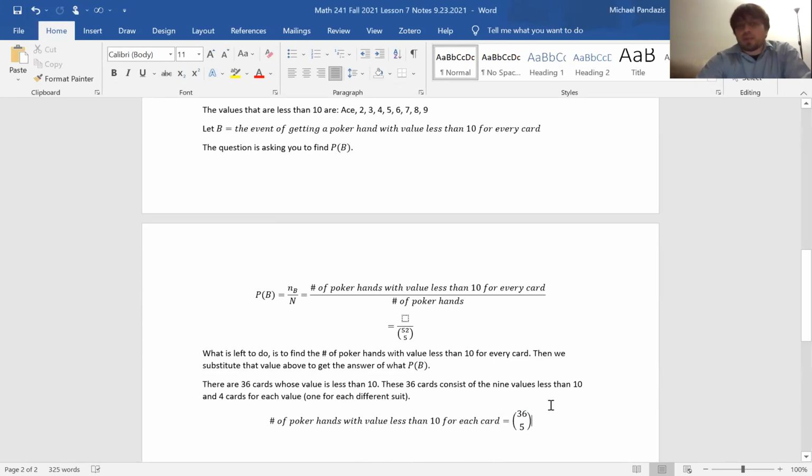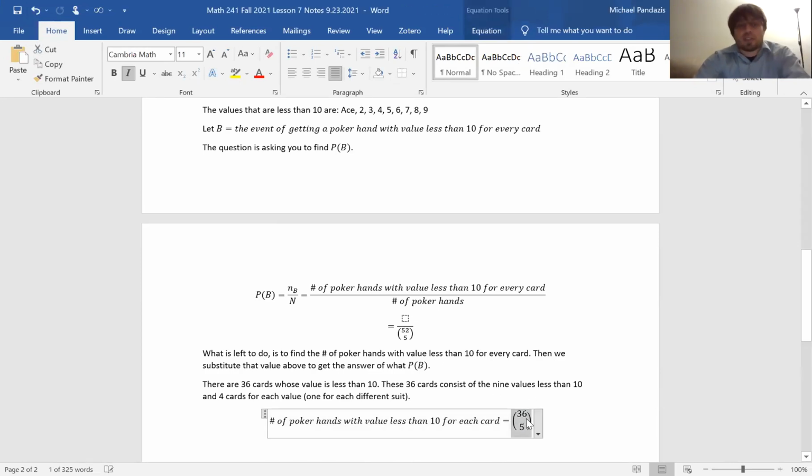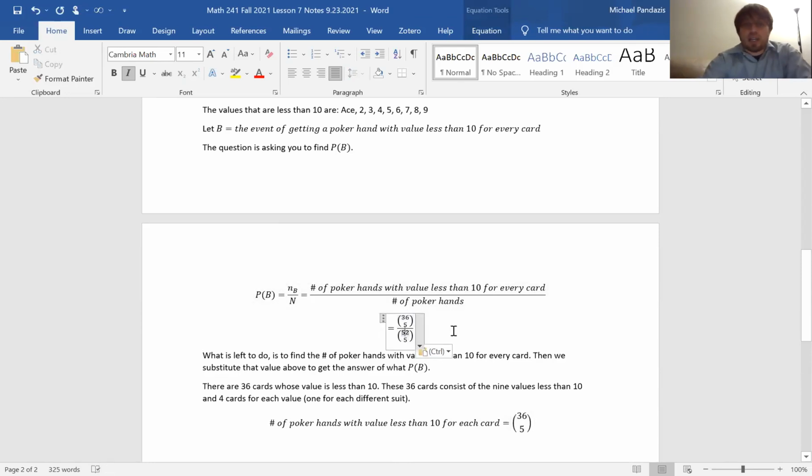Okay, so that's the number of poker hands with value less than 10 for each card. And you just substitute that here. And so now we have the probability of a poker hand where every card is less than 10. If you calculate both those numbers, we already got the denominator in part A. That was 2,598,960.